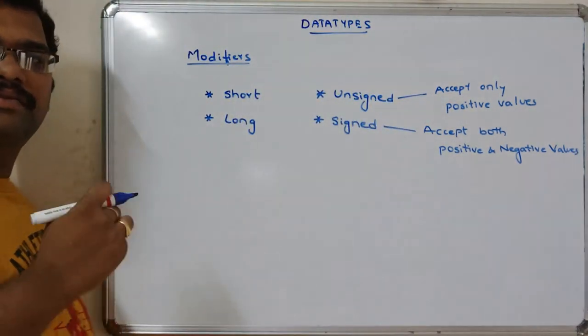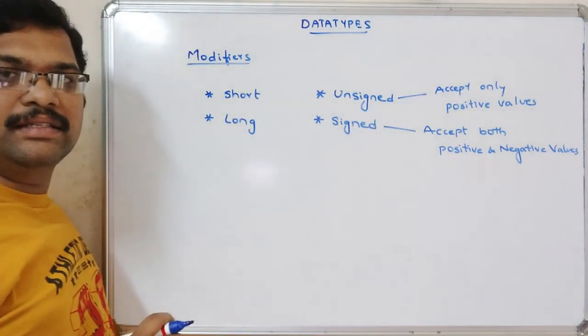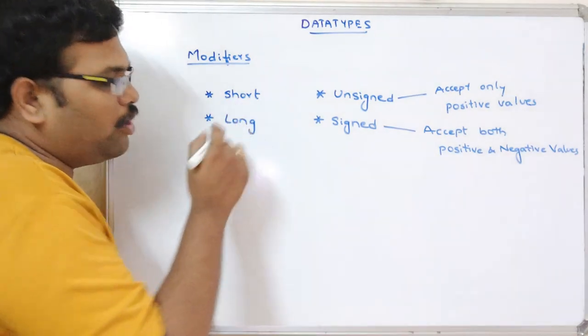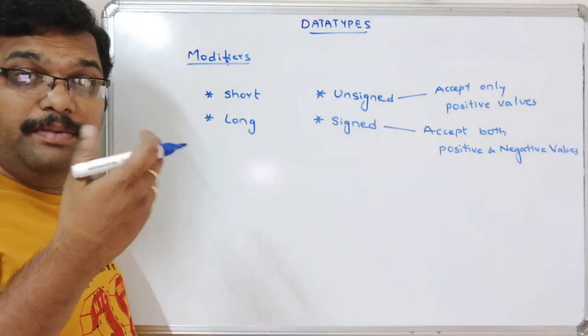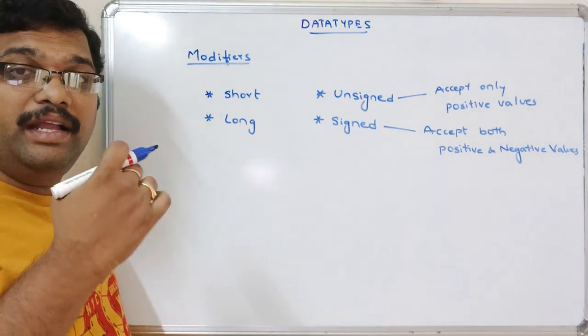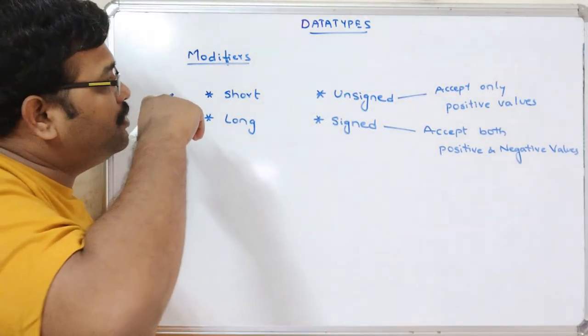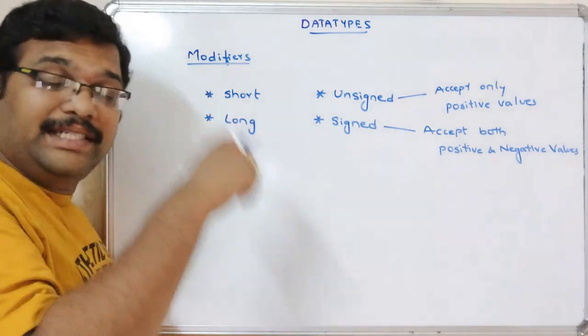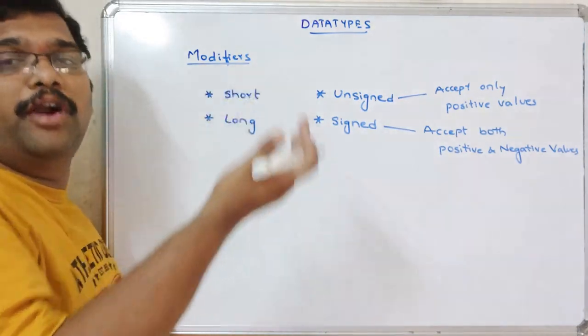For everything, there will be both signed and unsigned. Then short and long. Short means the range will be less, long means the range will be more. So the existing range of the data type will be modified.